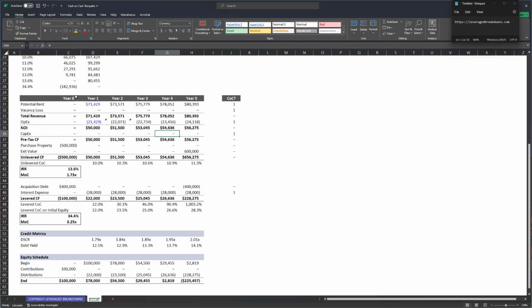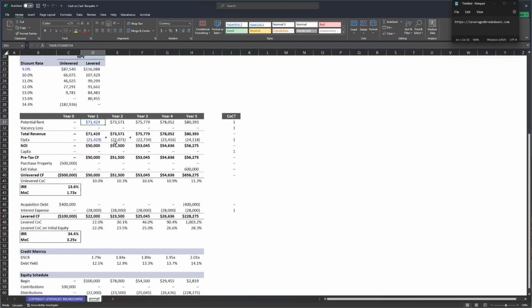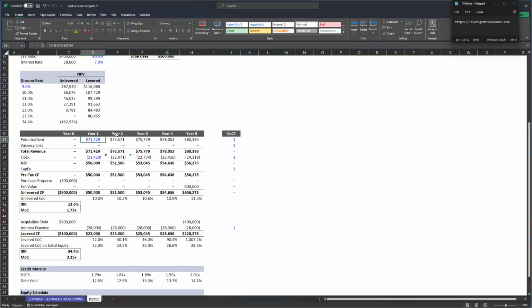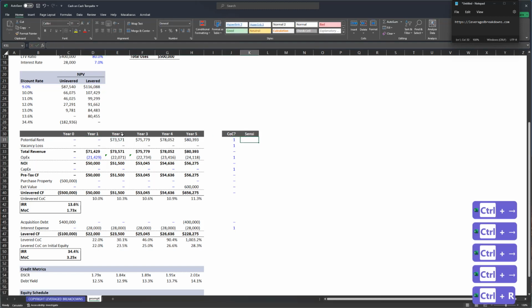Let's check out a few more scenarios. So if our rent increases, let's say by equals that times, let's say 10%.